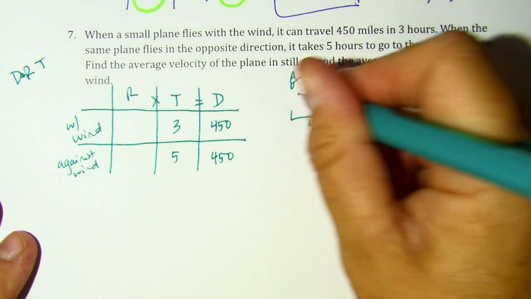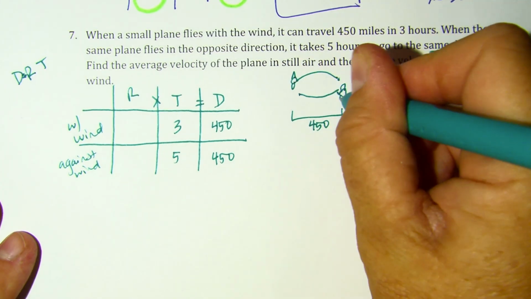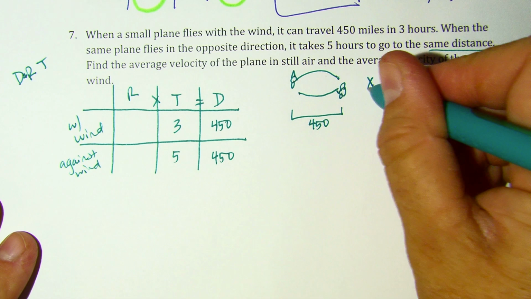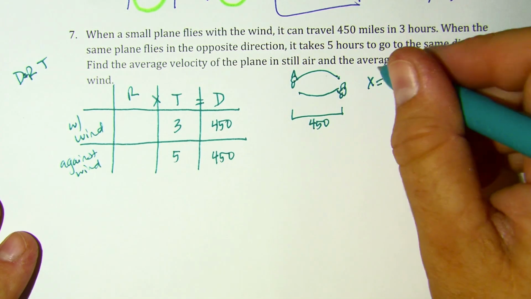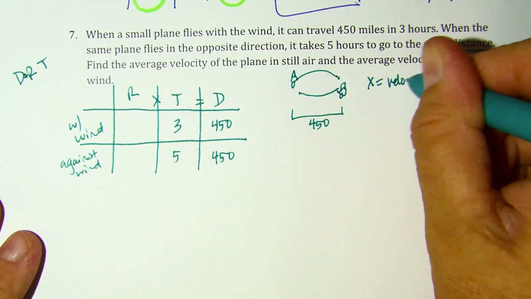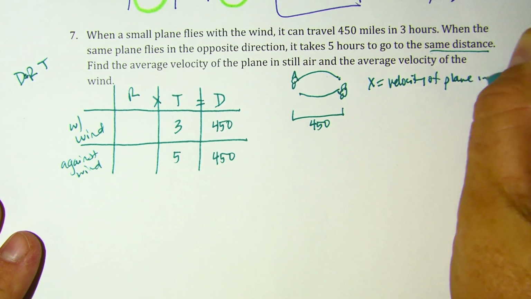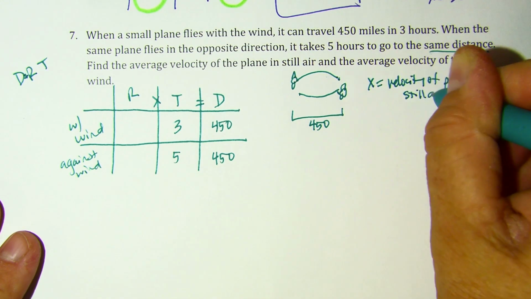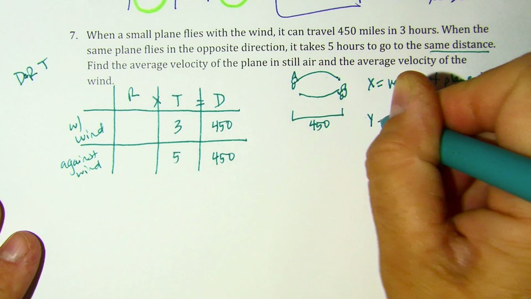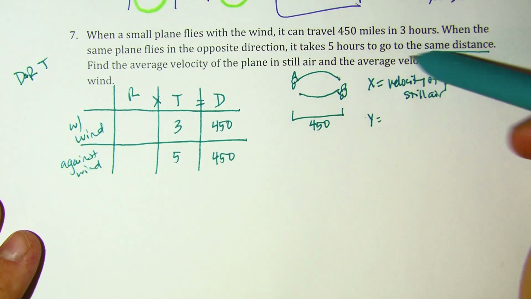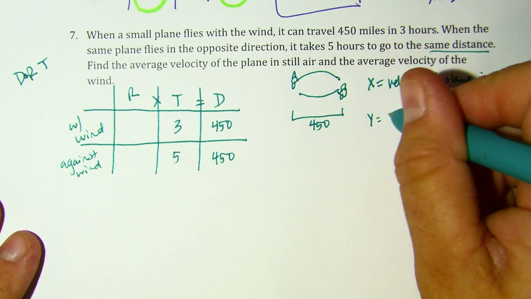So just for consistency's sake, here's the plane going back. So let's let x equal the plane in still air. And then y will be the average velocity of the wind.